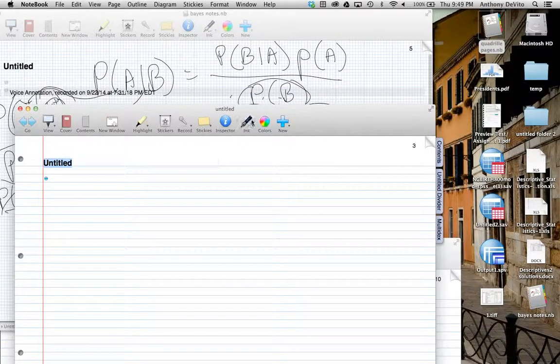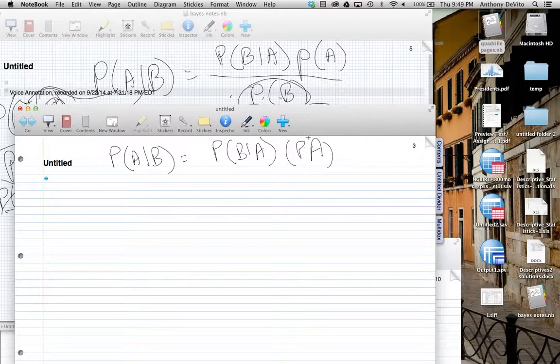The probability of A given that B has occurred is equal to the probability of B given that A has occurred, times the probability of A, over the probability of B.